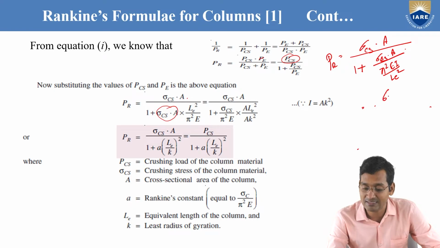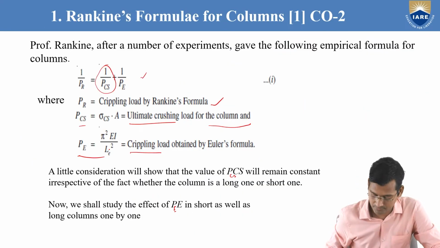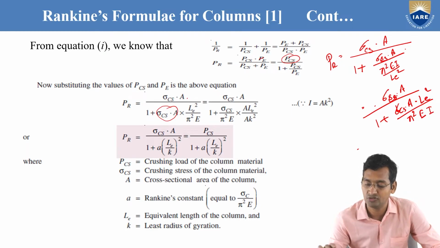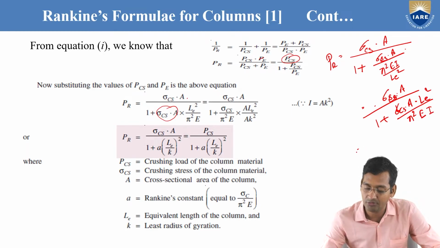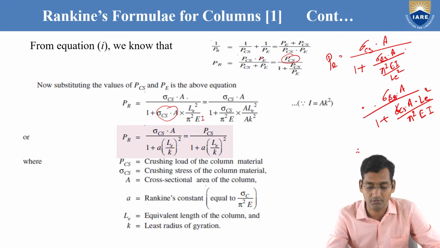So we can write this as sigma CS into A by 1 plus sigma CS into A into LE square by pi square EI. Okay, so this will be this one. So after this, just see here: LE square by EI. Yeah, I will be there.